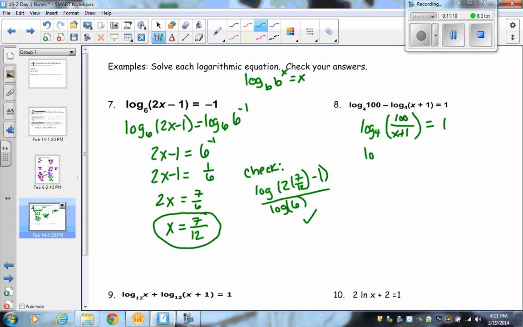So this is log base 4 of 100 over x plus 1 equals log base 4 of 4 to the first. Now they have the same log base, so I can say that 100 over x plus 1 equals 4 to the first. Well, 4 to the first is just 4.